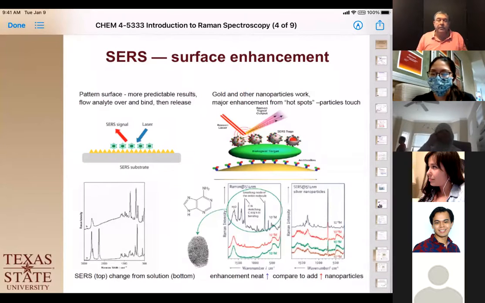We were using them specifically to look for explosives. We could take a 1 part per billion solution of TNT, and using this SERS effect on these specially treated gold particles, I synthesized the gold particles and the surface treatment, we were able to get this enhanced emission from these femtomolar explosive compositions.